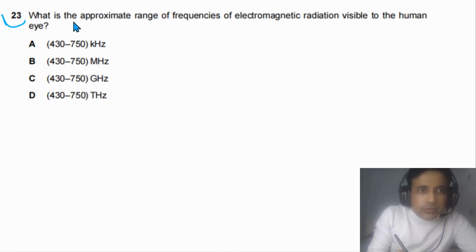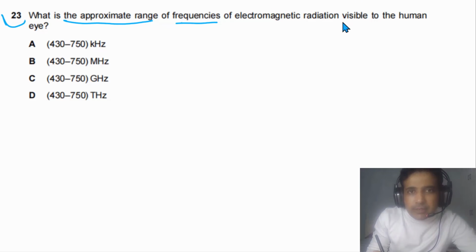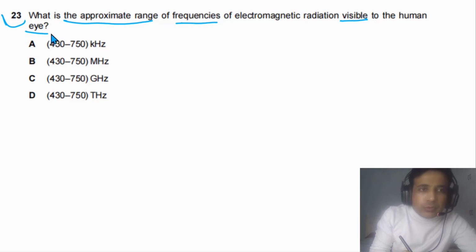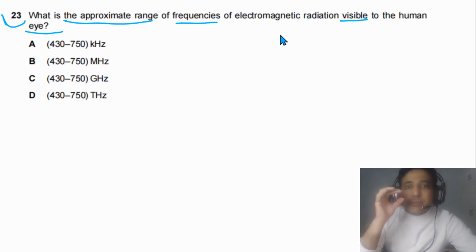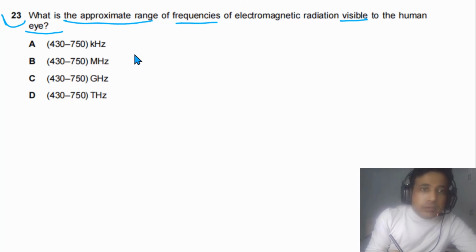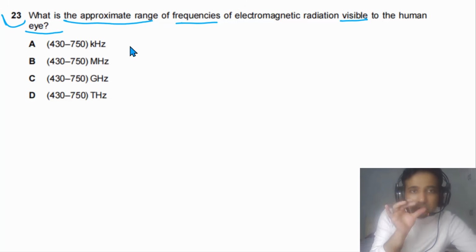Question number 23 says, what is the approximate range of frequencies of electromagnetic radiation visible to the human eye? Visible to the human eye means the visible light. Only visible part of the spectrum of EM radiation we can see. So in this case, simply we need to find out approximate range of frequencies of visible light.